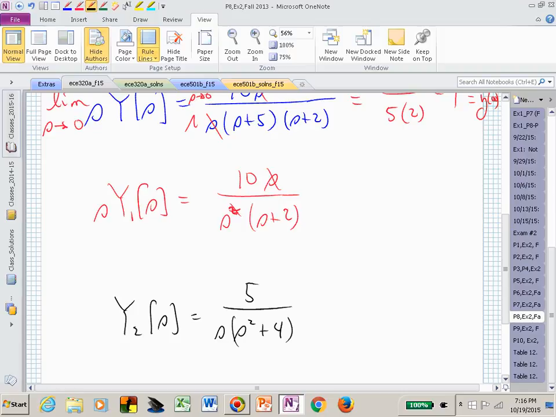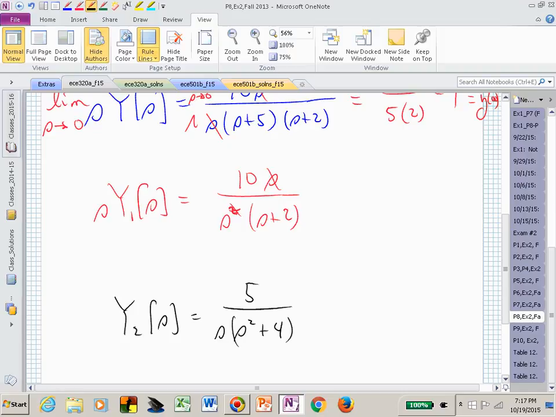But I have what? I have an oscillator, don't I? I have purely imaginary roots for the second factor. I have poles at plus and minus j2. Those are just going to sit there and bounce back and forth. Am I ever going to see a limit, a final value? No. It's just going to sit there and shake. It's bounded, but it never reaches a final value. I cannot apply the final value theorem to y sub 2 of s.